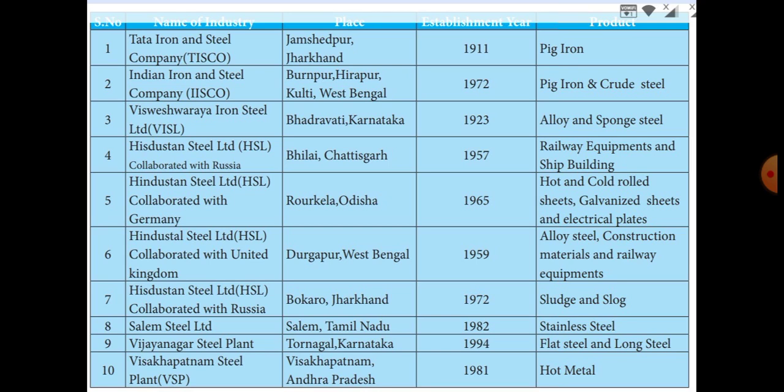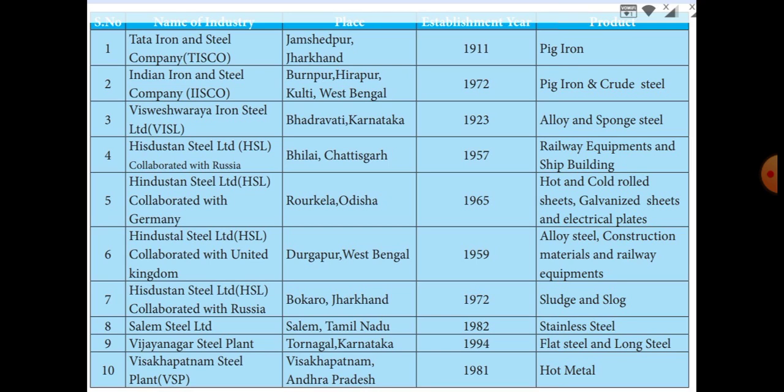Then the next one is Hindustan Steel Limited collaborated with the United Kingdom. It was situated in Durgapur, West Bengal. These industries were established in the year 1959. Alloy steel, construction materials and railway equipment are produced through these industries.